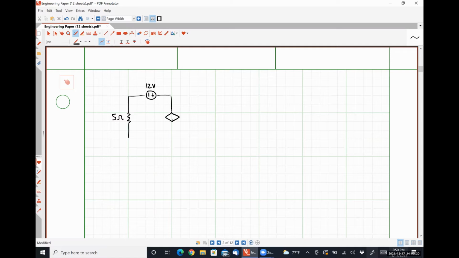Let's put a dependent current source here, right in the middle. Let's call this 2ix. Take that back. Let's call this 2vx, so that we'll have a voltage controlled source.